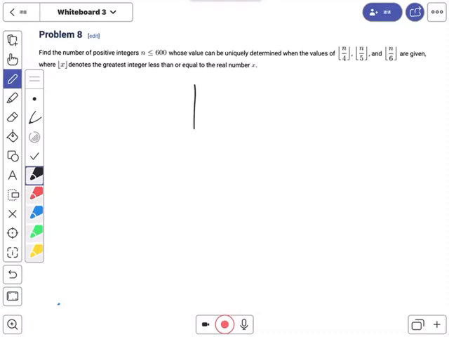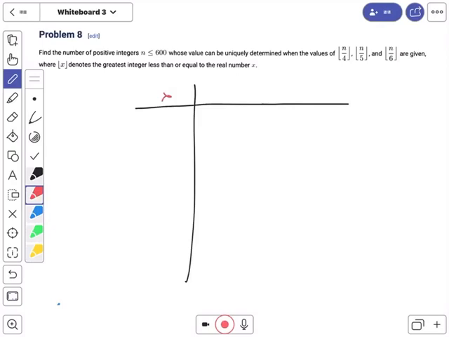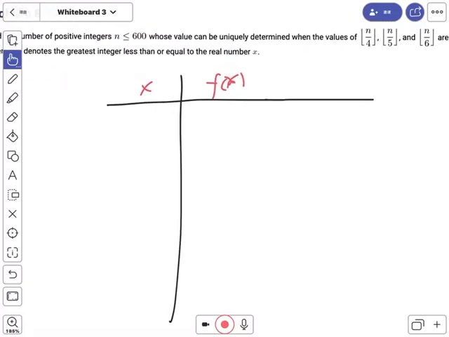Now let's just make a table. I would say this is x, and then we're going to have, let's just call it f of x. Now we're just going to start.